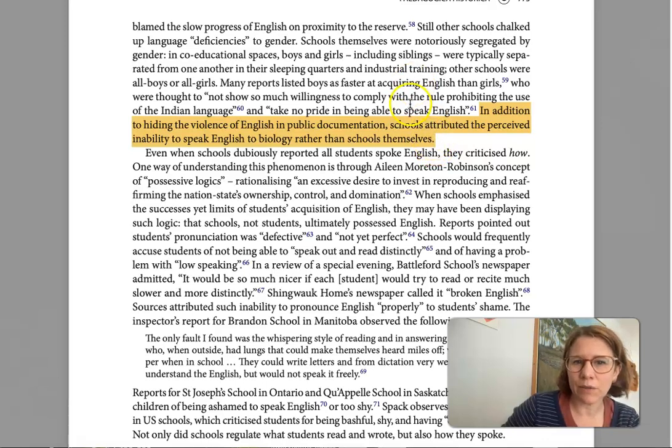So she's kind of talking about, she said students who didn't pick up English were viewed as inferior or not as intelligent, or sometimes blamed on their gender, like girls didn't pick up English in the schools as much as boys did, that kind of thing. So she's saying that the schools themselves blamed biology instead of acknowledging that maybe some students didn't want to learn English or wanted to maintain their home language.